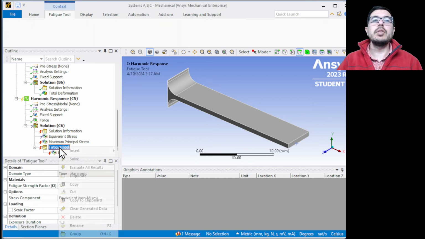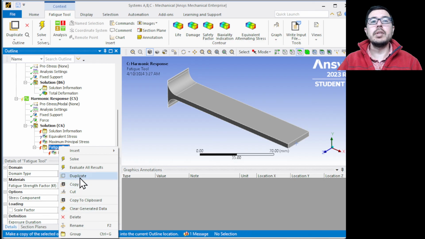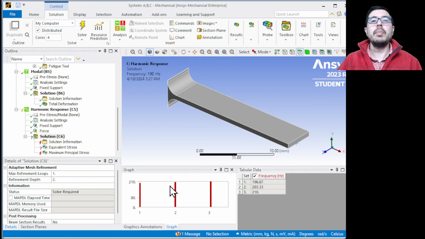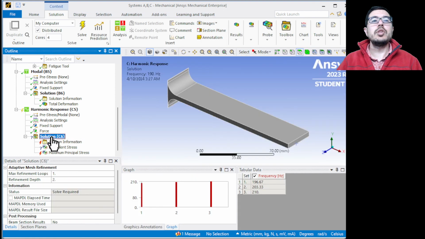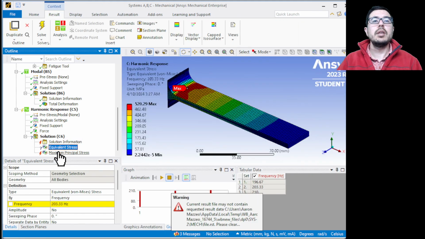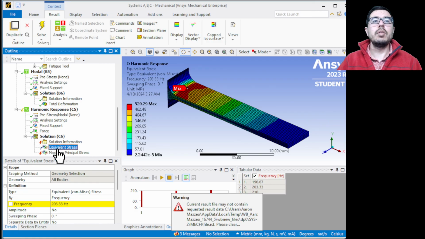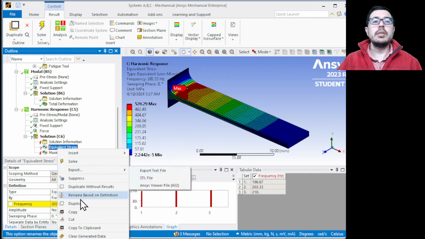Frequency's out of bounds. So if that happens, then what you do, which is annoying, is you delete this, which can happen. Wow. All right, so let's see, we delete these.